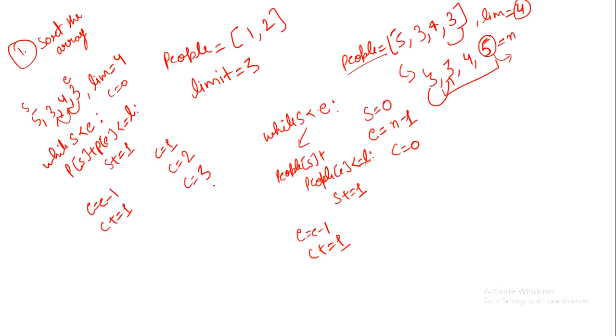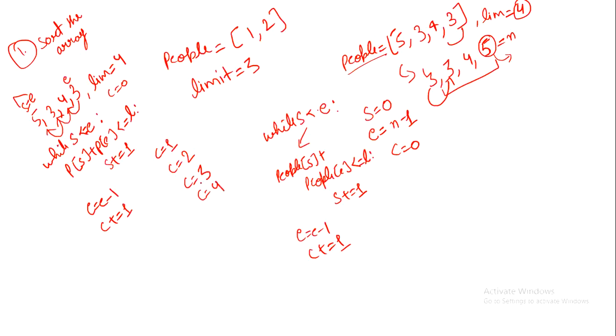Now the remaining condition is that the value of e will be decremented and it will move to here. We have to run this up to s less than or equal to e. So now e is decremented and s and e are both equal. In that case, is 5 less than or equal to 4?